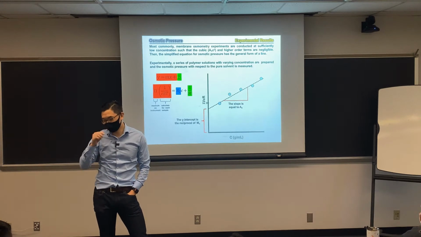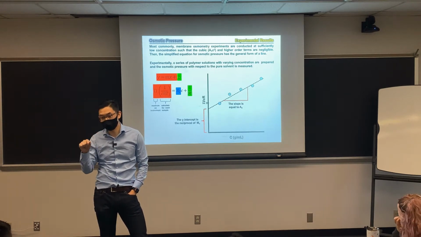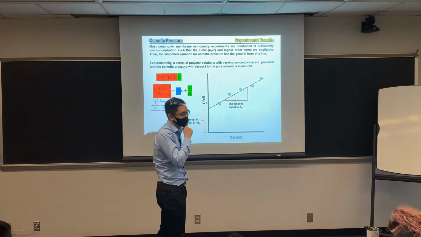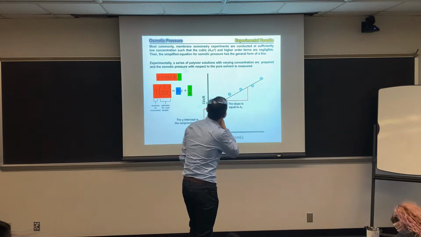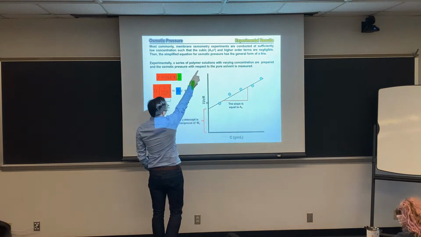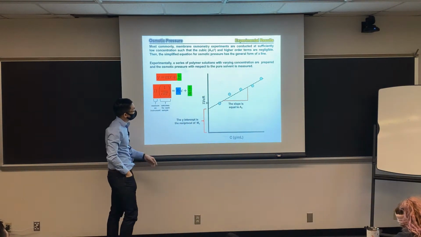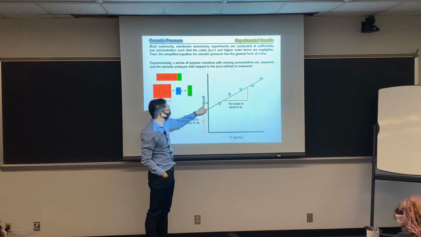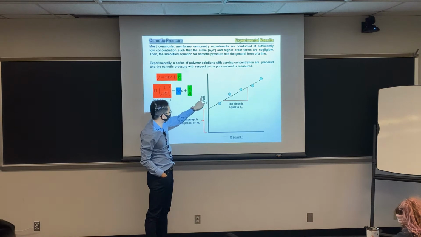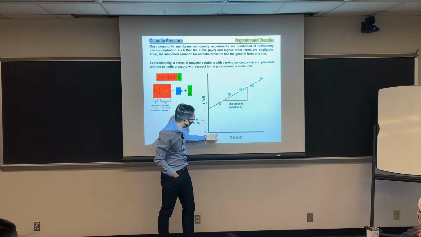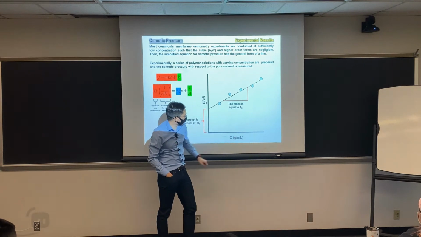We need to consider C to be low, so that C cubed is much smaller than C squared. In such a way we can eliminate the C cubed terms, so that we can plot osmotic pressure normalized by concentration, R, and temperature, or sometimes you don't put temperature there, that's fine, against concentration.